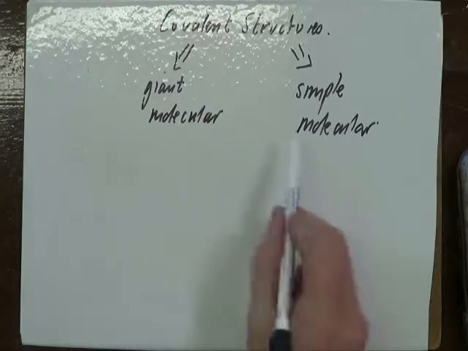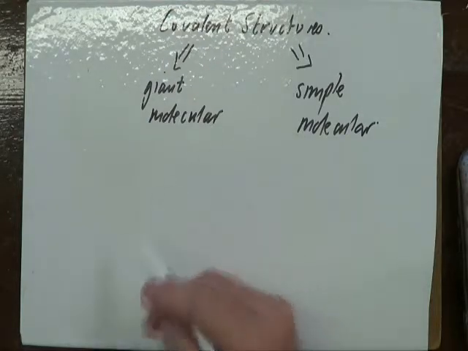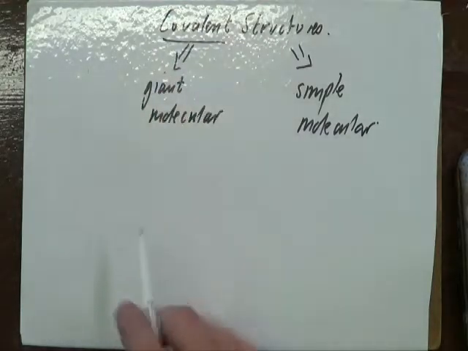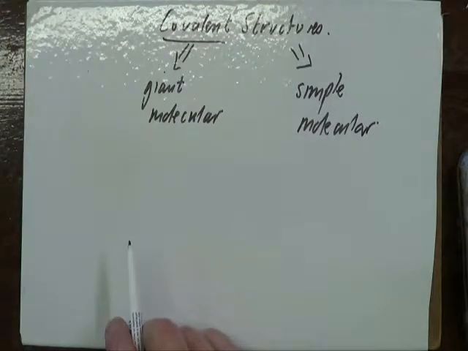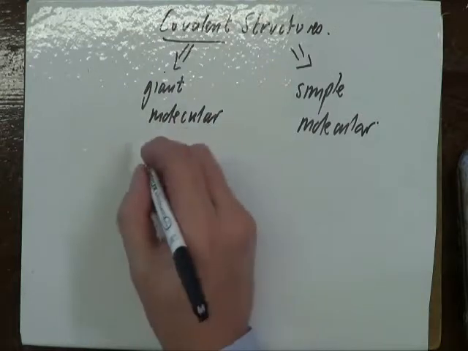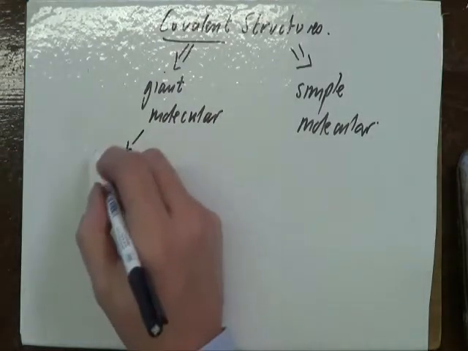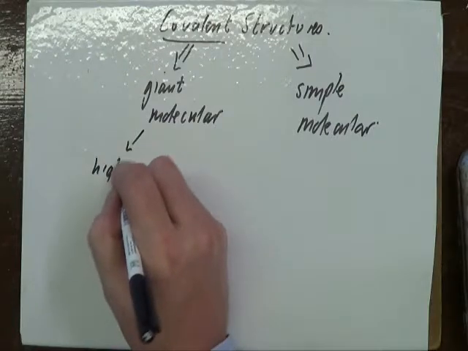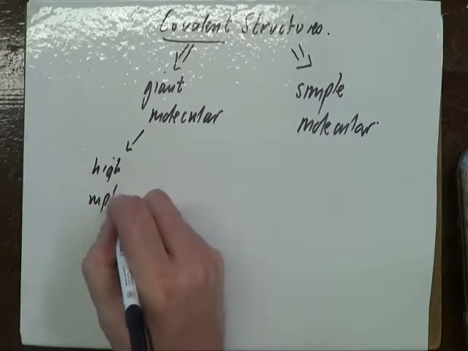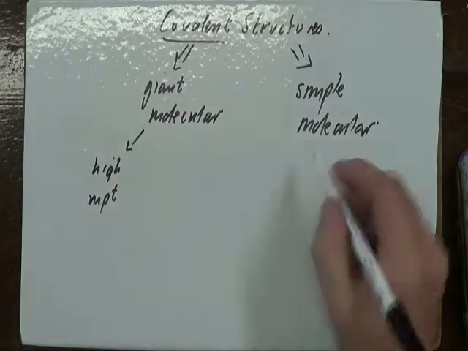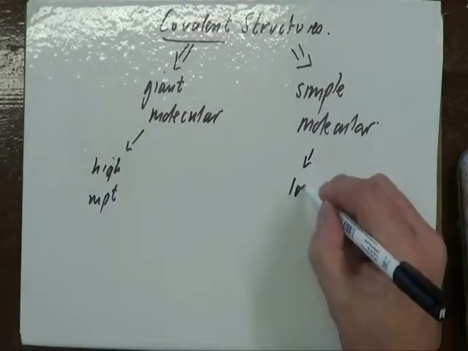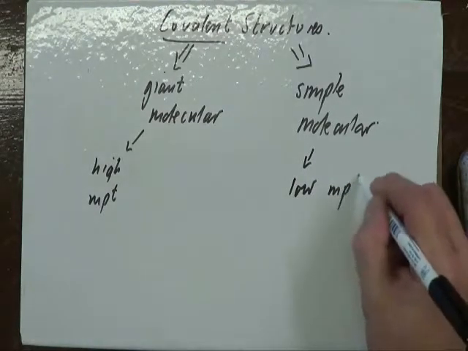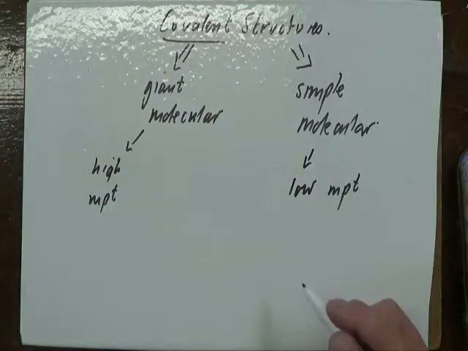Now these two structures, despite both having covalent bonding within the molecules, have got very, very different properties. Giant molecular substances tend to have extremely high melting points, boiling points. Whereas simple have got very low melting points and boiling points. They pretty much tend to be gases at room temperature.